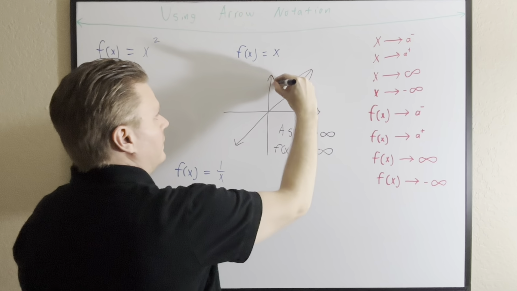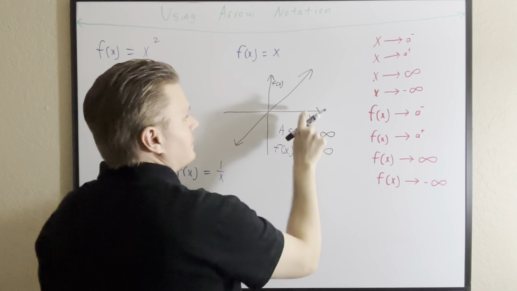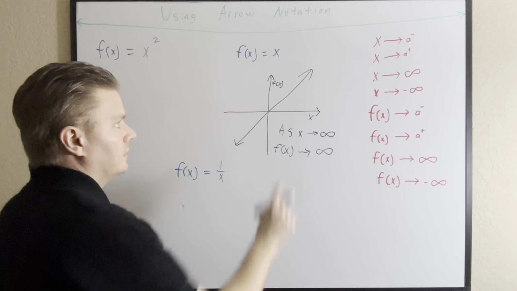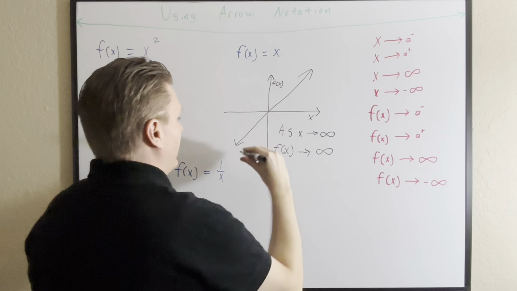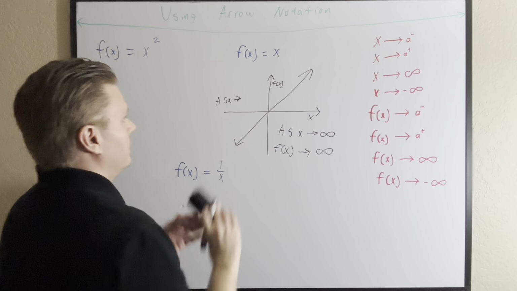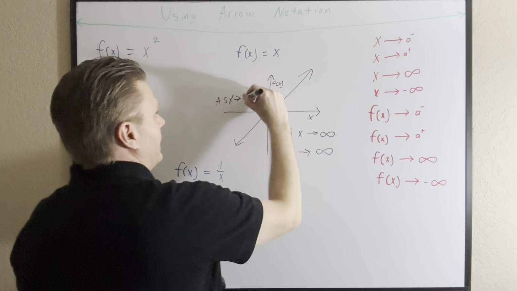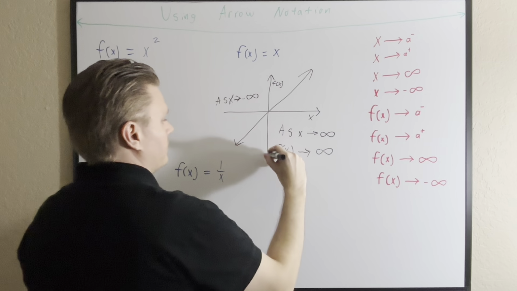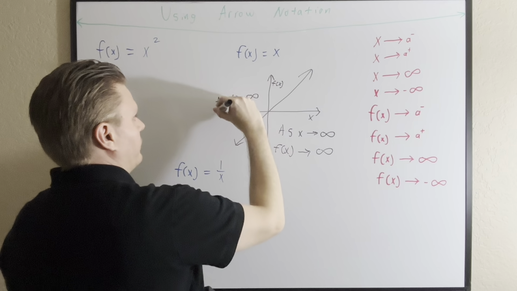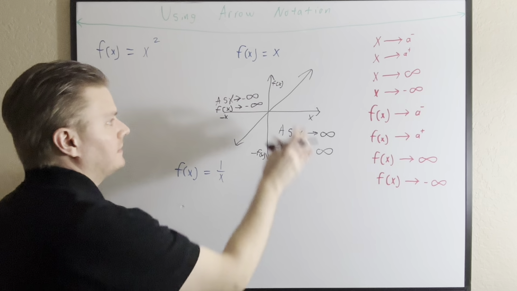Because this axis would be f of X. So as X gets larger and larger, f of X also gets larger and larger because it's going up to the right. And as X approaches negative infinity, what does f of X do? F of X approaches negative infinity. That is as simple as it gets.